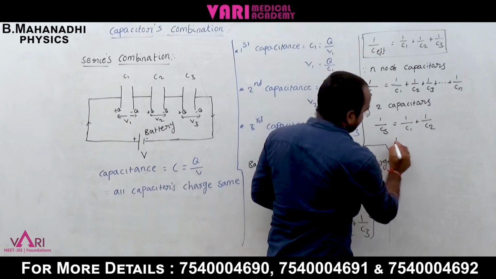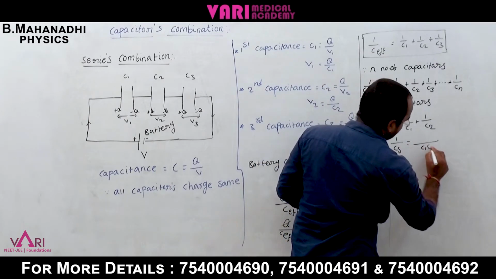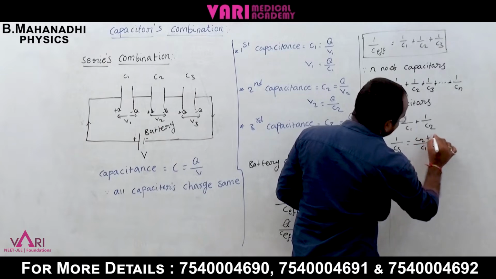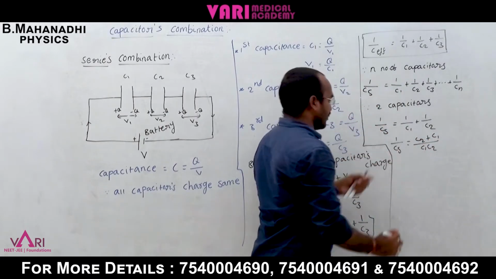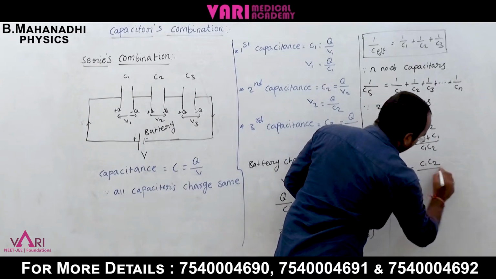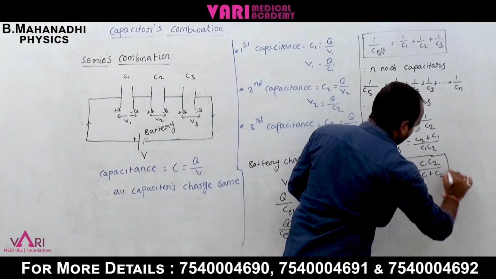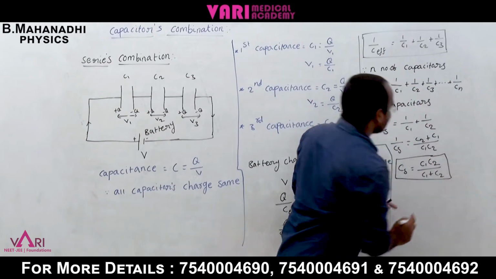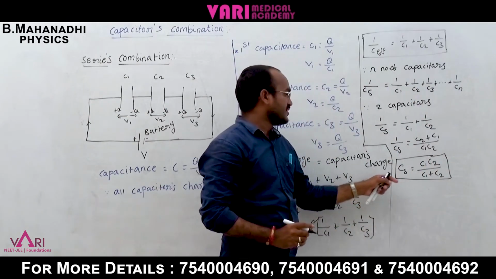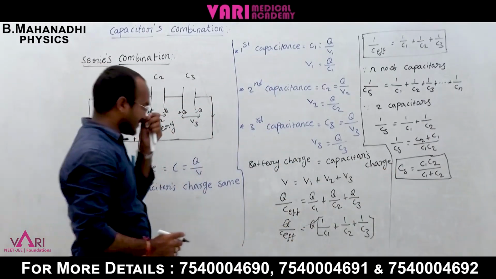Here 1 by Cs is equal to, taking the LCM, C1 plus C2 over C1 C2. Now, taking the reciprocal, Cs is equal to C1 C2 by C1 plus C2. This is for two capacitors connected in series. Suppose these capacitors are identical capacitors.